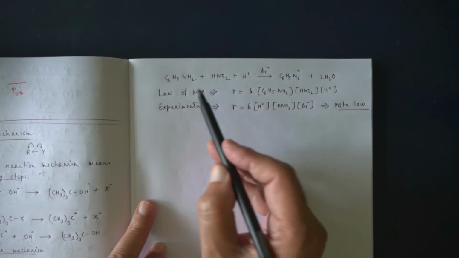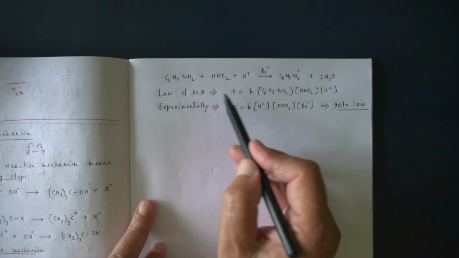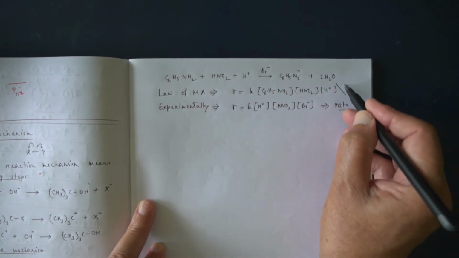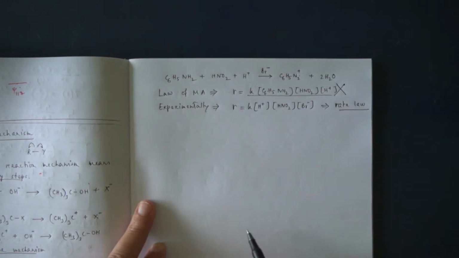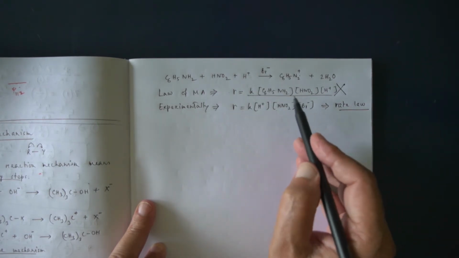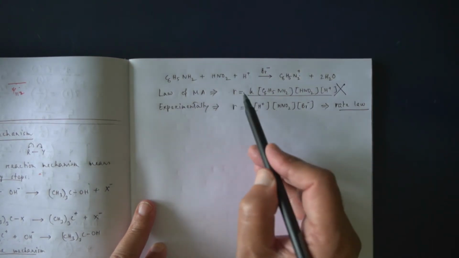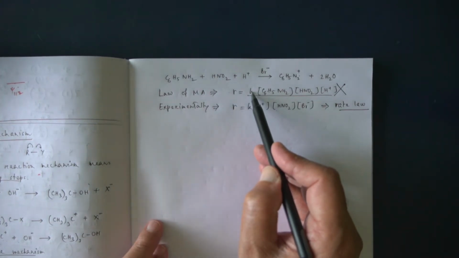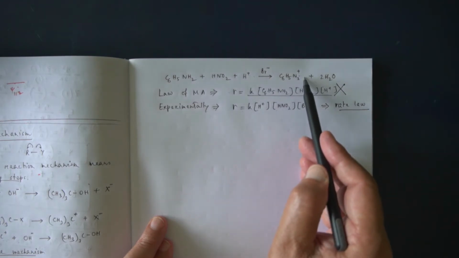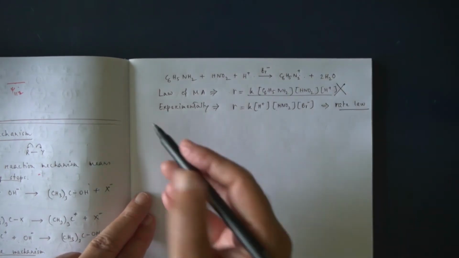The experimental rate law does not agree with the law of mass action, so the law of mass action is not correct. The correct thing is this. Since this is a complex reaction, it will have a mechanism.